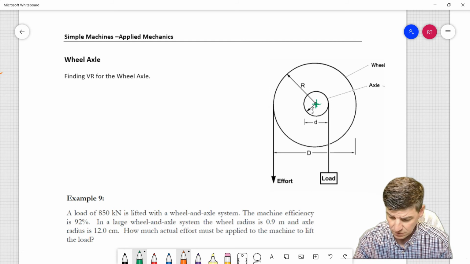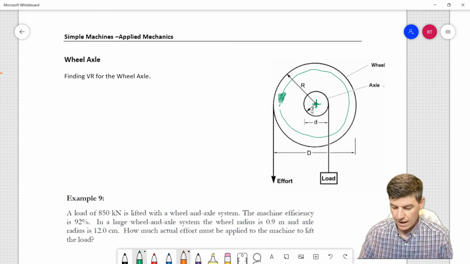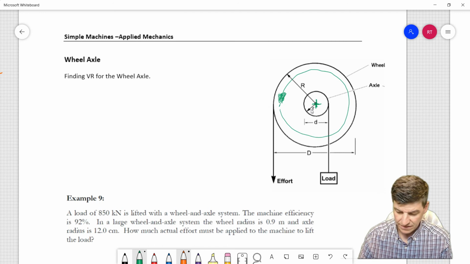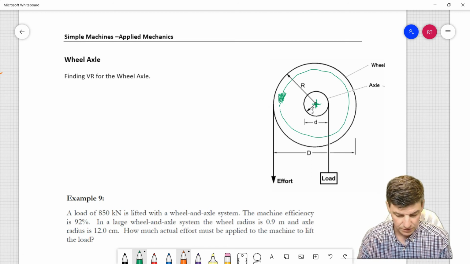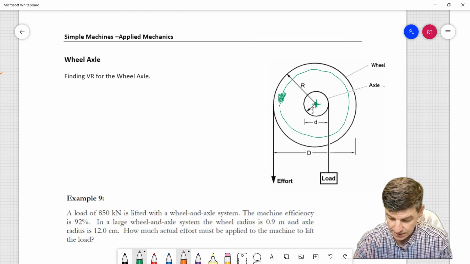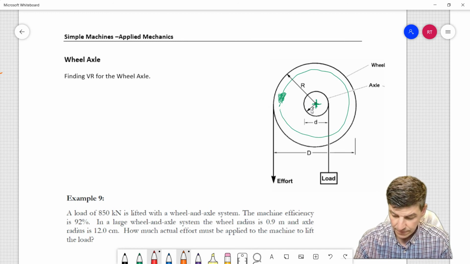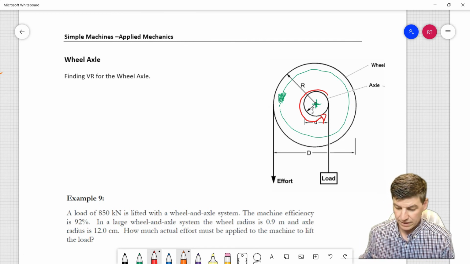So if I was to take my effort and do an entire revolution, I might want to know how far my effort moved, or how much string was unwound off of that circle. And doing so, how far would my load have moved?